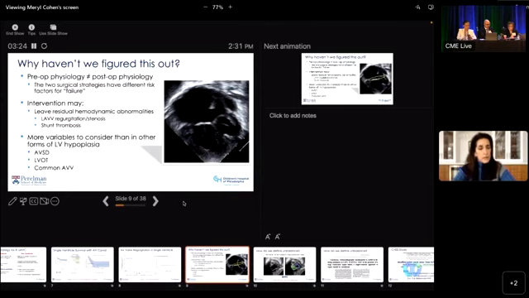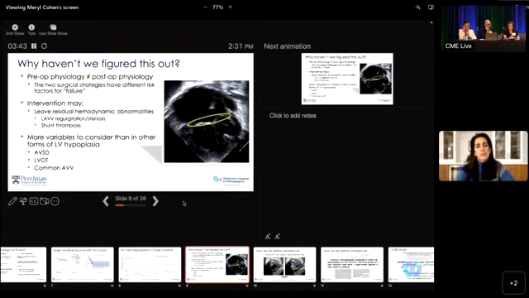In contrast to other forms of LV hypoplasia like critical aortic stenosis or arch hypoplasia, unbalanced AV canal has many variables to consider, including the AV septal defect itself, the left ventricular outflow tract, as I keep harping on, and the common AV valve.